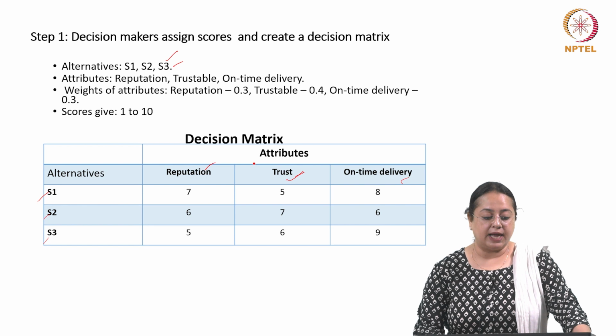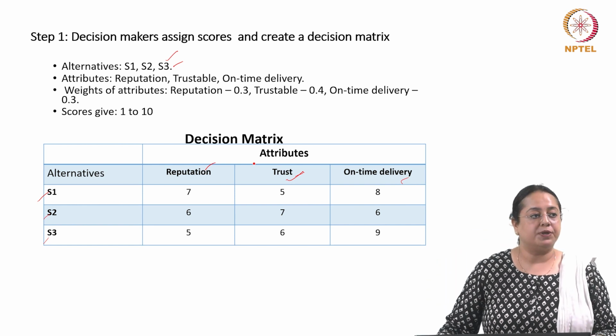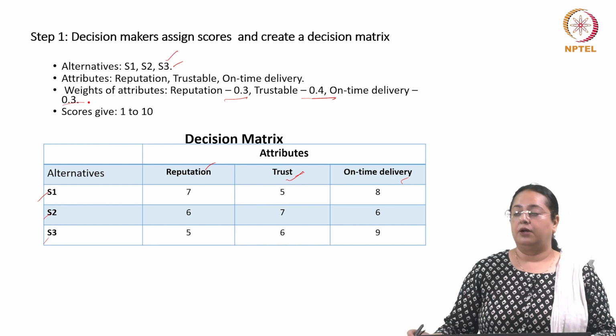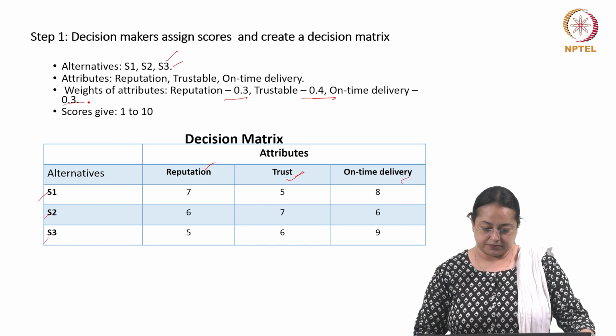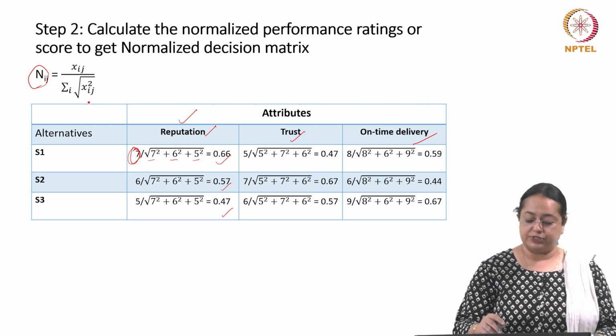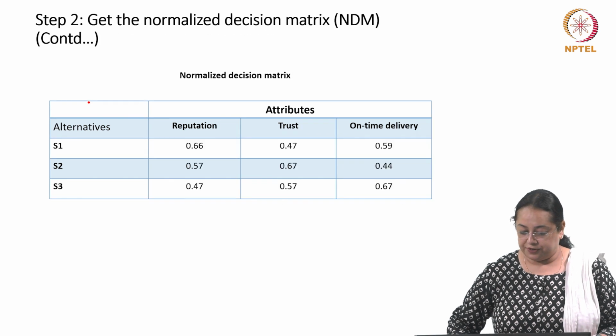In that case, I need to consider weights. Suppose I give weights in this form. So if that is the case, I know the weights of each attribute.